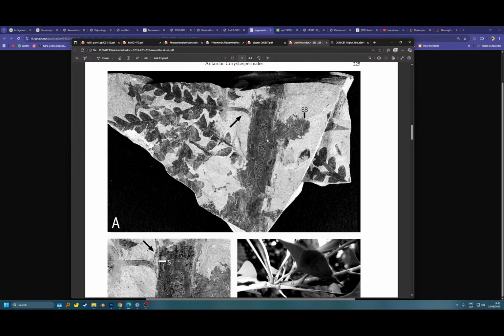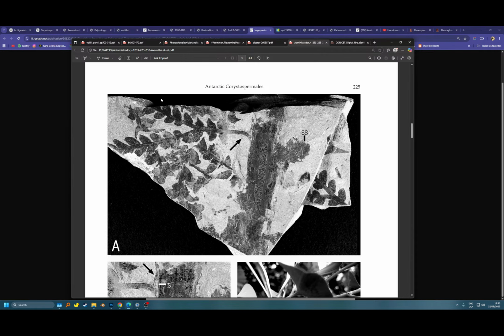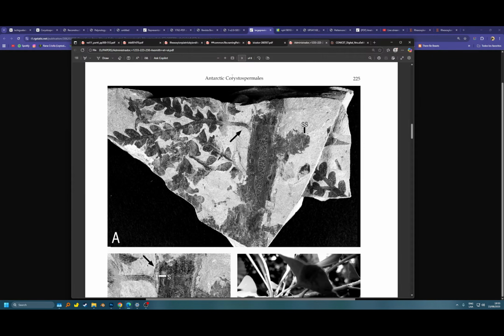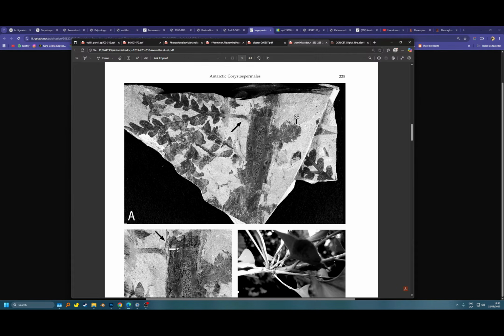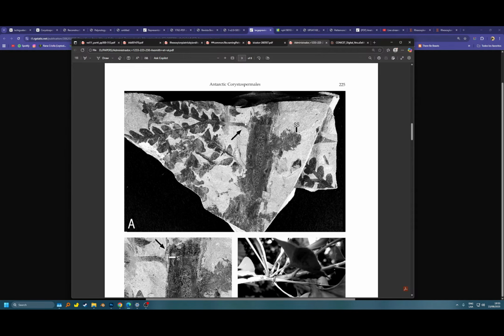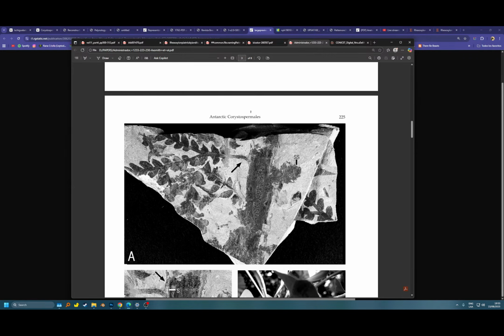I've seen that in another paper. Obviously, the plant in life will have this thing going upwards towards the light, not bent like this. This is just a taphonomic distortion. So yeah, I think this is pretty clearly something that really happened. Like this was attached to a branch, right?